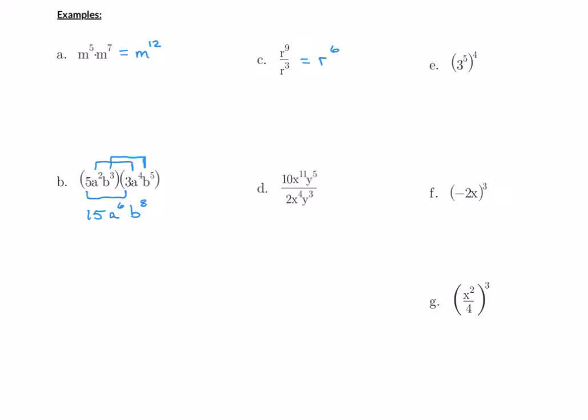The first thing we're going to do is work with our numbers. 10 divided by 2. These are not bases, these are just numbers. So we divide, we get 5. If we combine our x's, we subtract the exponents, we get x to the 7th. And if we combine our y's, we subtract our exponents and we get y squared.